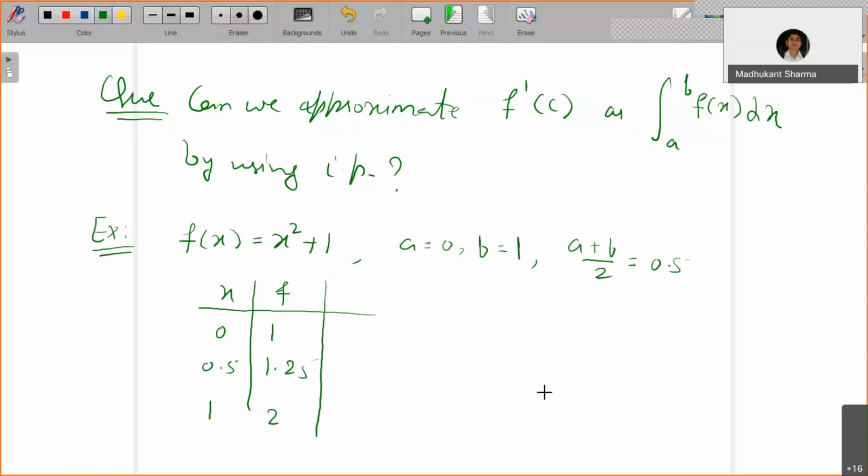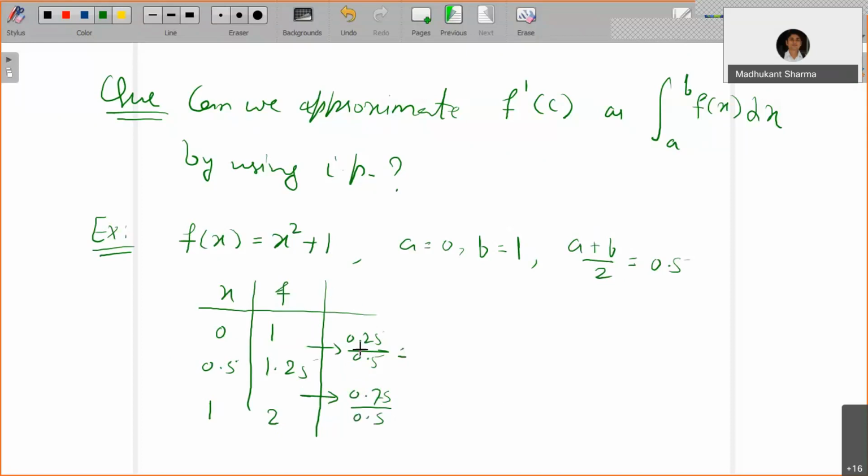This is equidistant, so we can use forward differences, or you can get the divided differences. So this will be 0.25 divided by 0.5, the length of this. Now this will be 2 minus 1.25, that is 0.75 divided by 0.5.